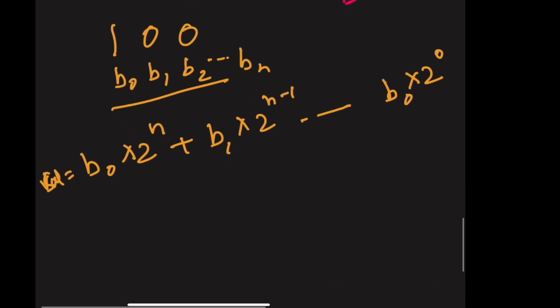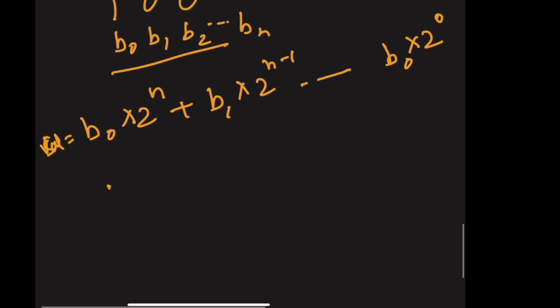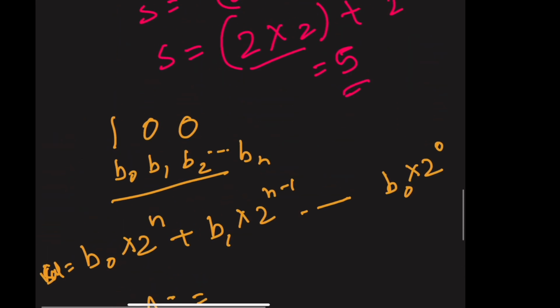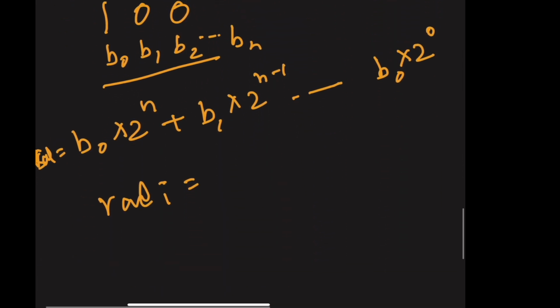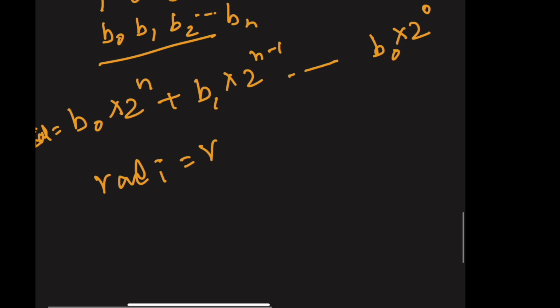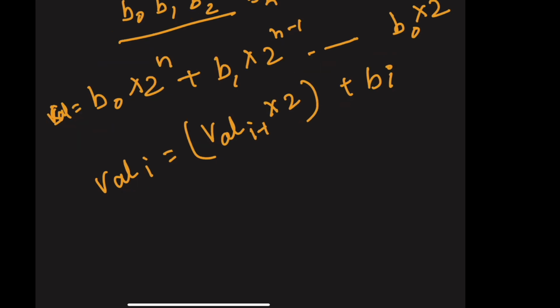So if you see this formula, suppose val of i is what we did: it is the previous sum multiplied by 2. So val of i is val of i minus 1 times 2 plus b of i, right? So this is the formula we used for our calculation.